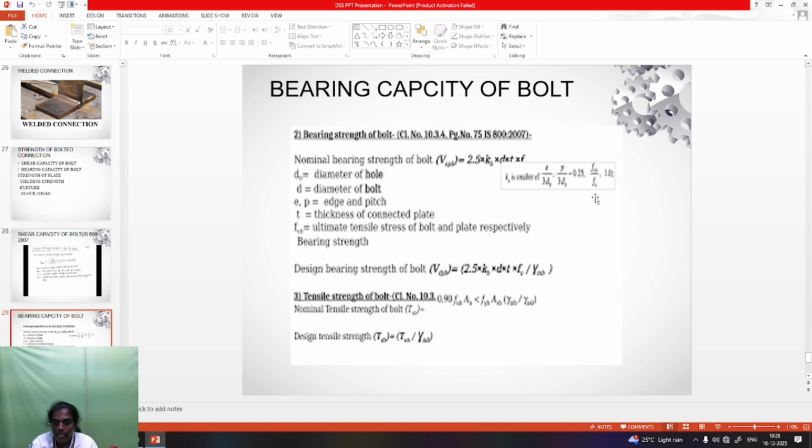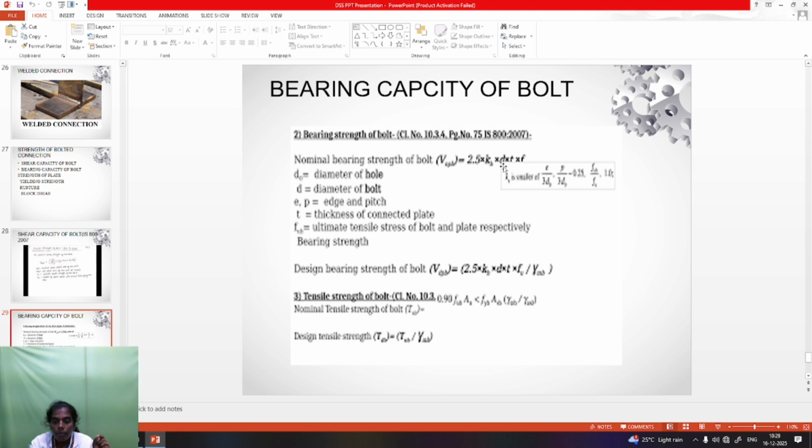So p by 3 d naught minus 0.25. Next, fub is the ultimate strength of the bolt, divided by fu, the plate's ultimate tensile strength. Then 1. So of the four values, whichever is minimum, you take as the reduction factor kb. Next one is d. d is the diameter of the bolt, normally M20 as given.